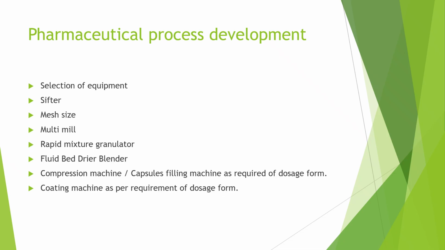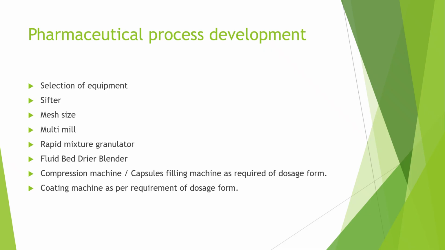Later on, with respect to equipment selection, they select equipment like a sifter for sifting of ingredients, the mesh size, which mesh to take for sifting of material, a multi-mill if milling is required, and a rapid mixer granulator for mixing of the granules. All the raw material will be added into the rapid mixer granulator for proper mixing.